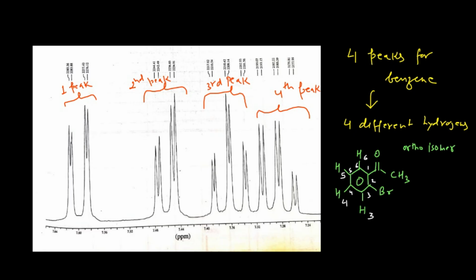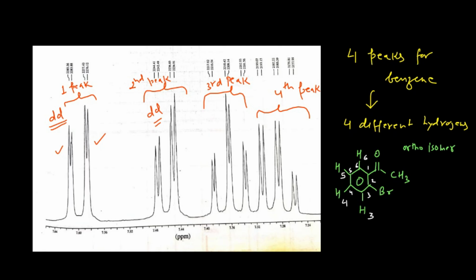Now, if you see the pattern, this pattern is known as the DD pattern. DD means doublet of doublet. So this is one doublet, this is yet another doublet, this is known as the doublet of doublet. And then this one is also a DD, doublet of doublet pattern.